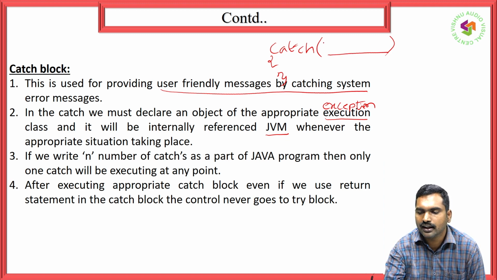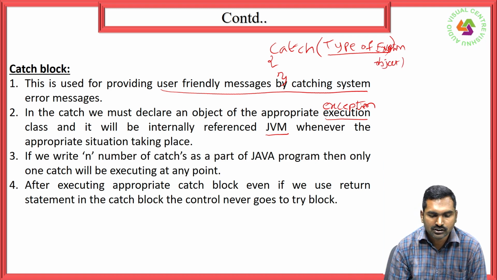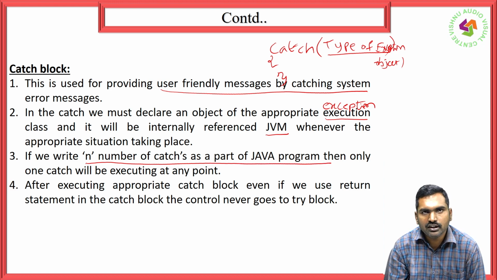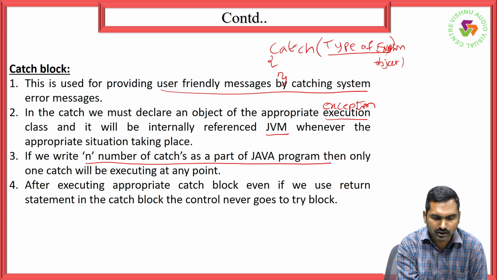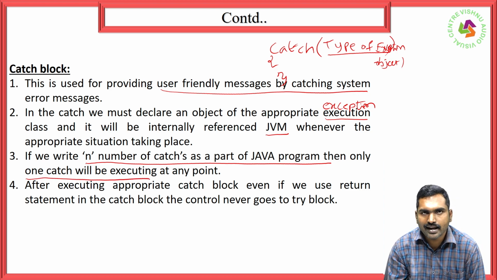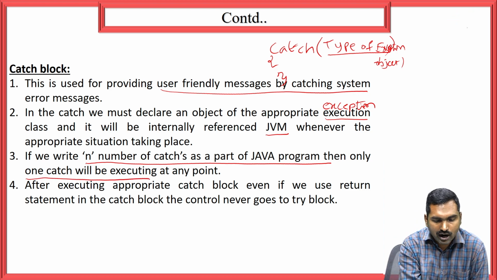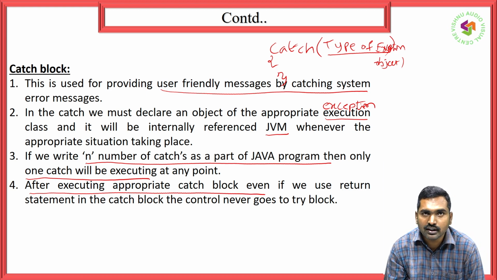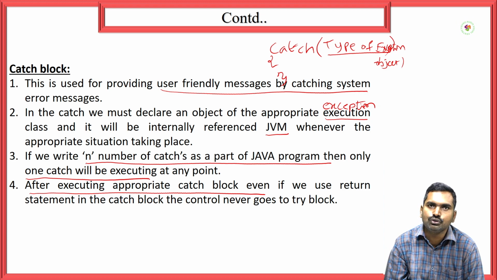Here we need to mention the type of exception, a space, and the object name. If you write n number of catch blocks, it will execute only one catch block at any point. After executing the appropriate catch block, even if you use a return statement, it never goes back to the try block.